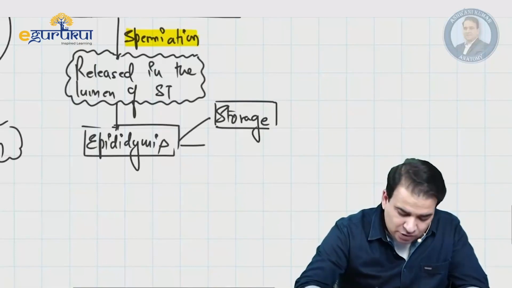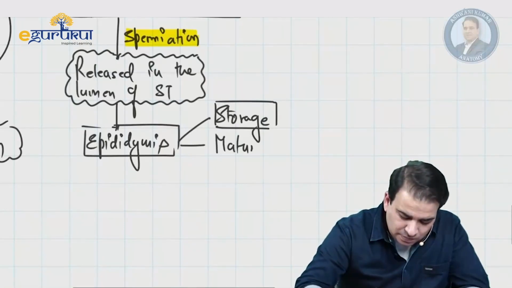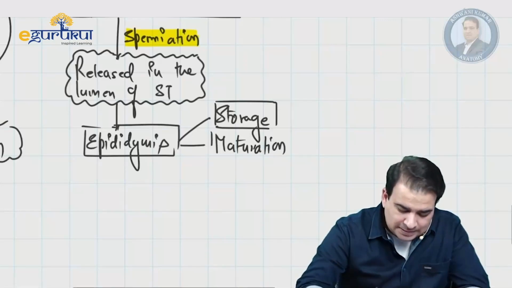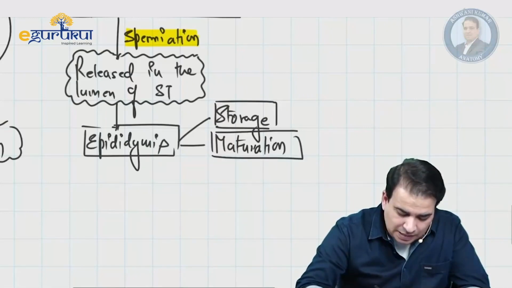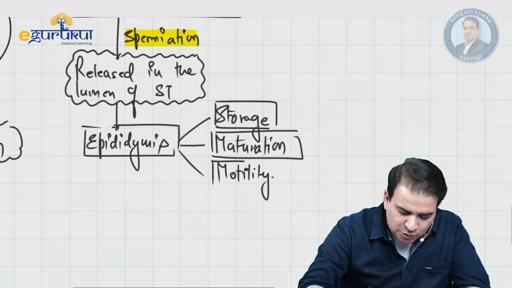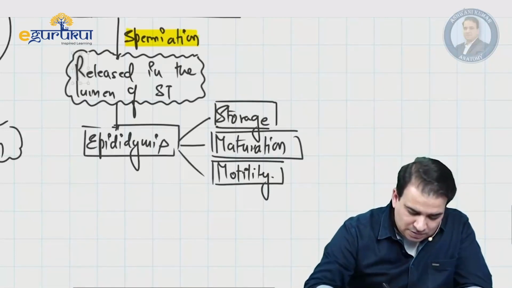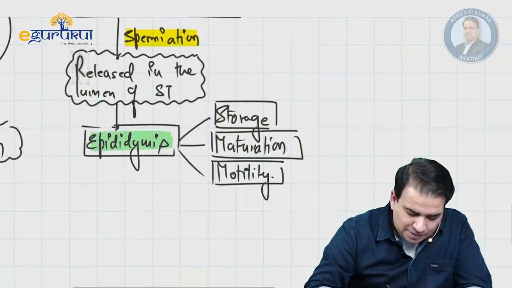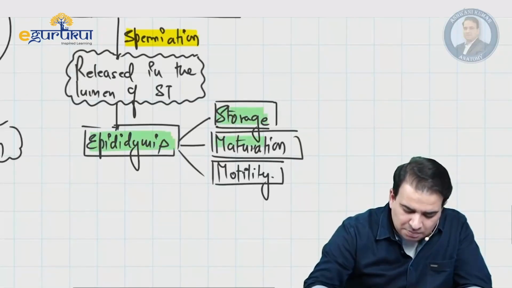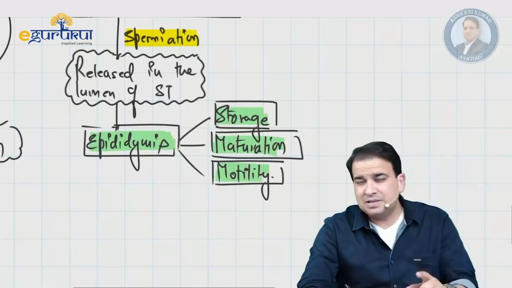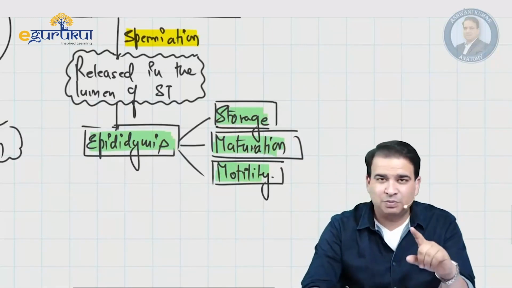Epididymis is the site for the maturation, not the final stage of maturation, but yes, maturation takes place in the epididymis. And number three, motility. Motility of the sperm, which actually is a part of maturation only, is also gained in the epididymis. So several questions are answered here, that epididymis, the site for what? Storage, maturation and motility. And again, maturation, but not the final stage of maturation.